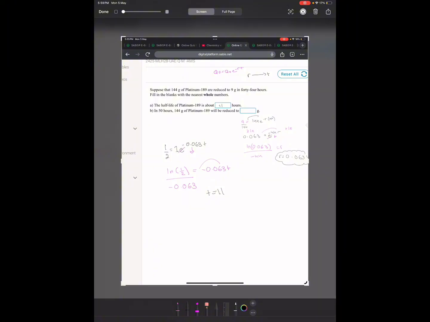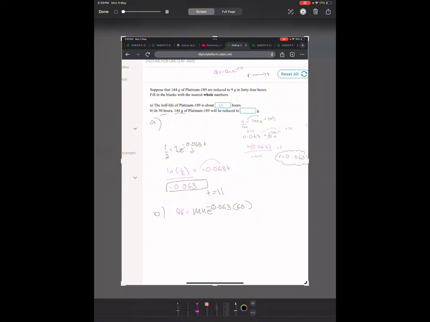The second one is easier. Part B, this is part A. Part B, in 50 hours, we're gonna use the formula. It will be reduced to what? So we want QF equals Q0, which we said is 144, e to the power of minus r, which we got here is 0.063, times the time, which they gave us is 50.